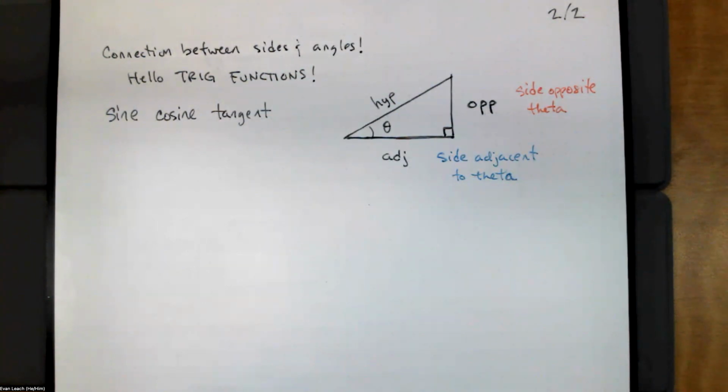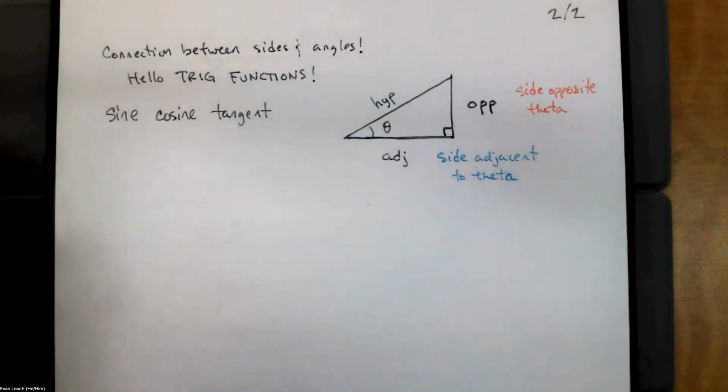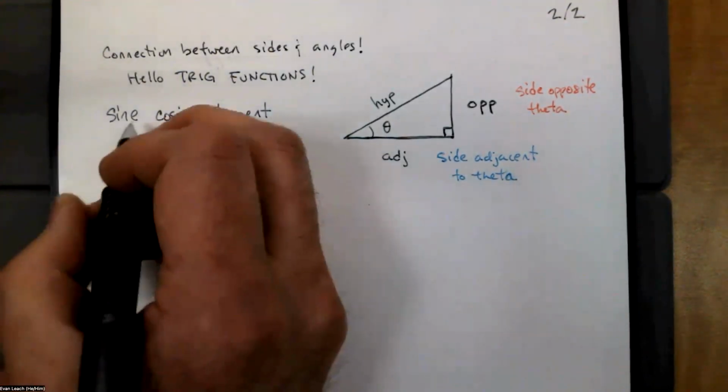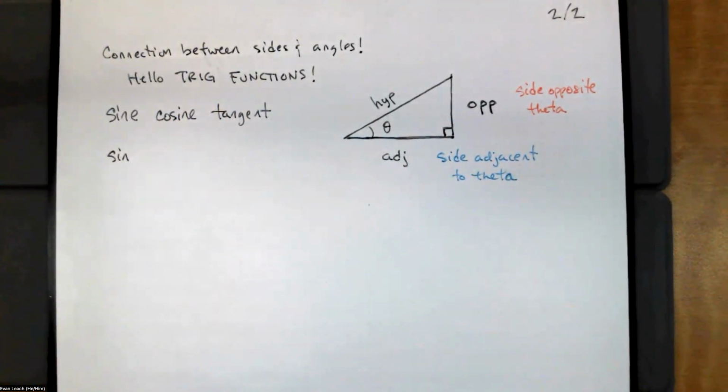They have abbreviations. The abbreviation for sine is SIN, which we pronounce as sine.